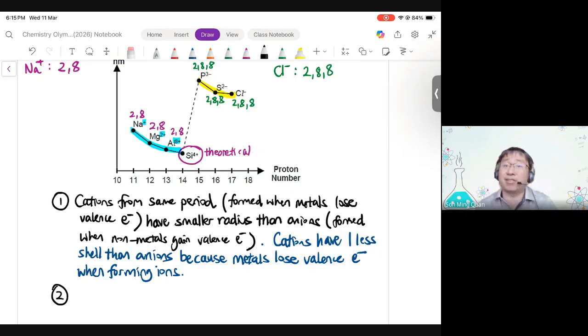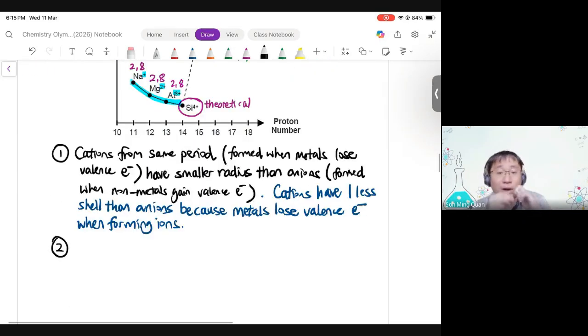Amongst the anions, it increases as it goes from left to right. So that is what I now need to do. So now the individual trends. And how do I describe it in words?